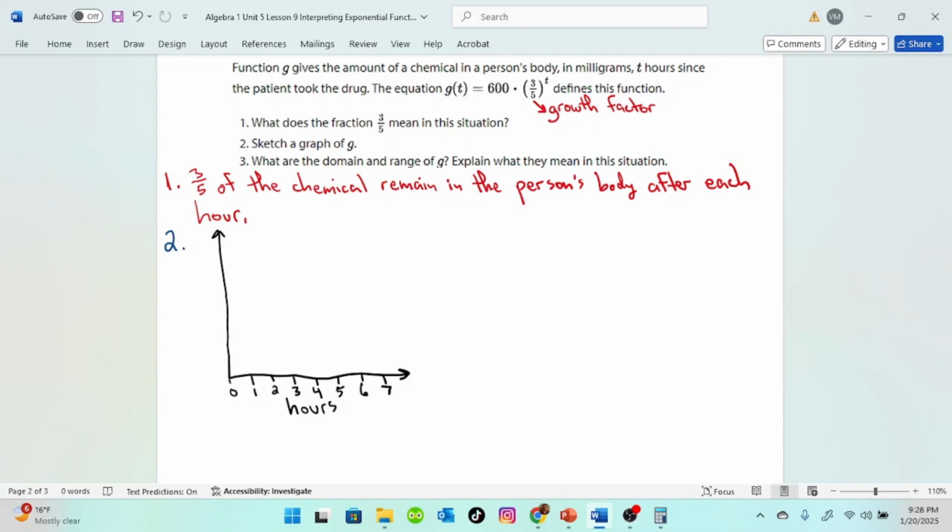And we said that the y-axis is the milligrams of chemical. And that is starting at 600. It's the number by itself. So that's our initial amount.